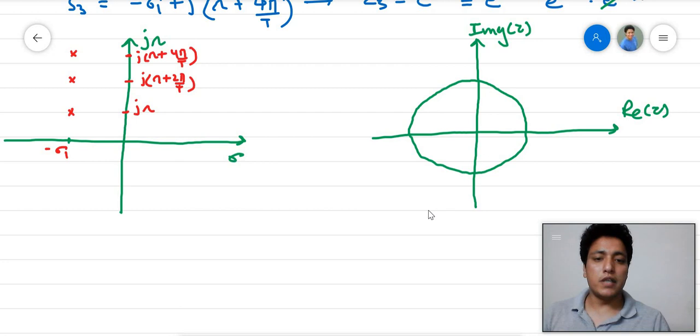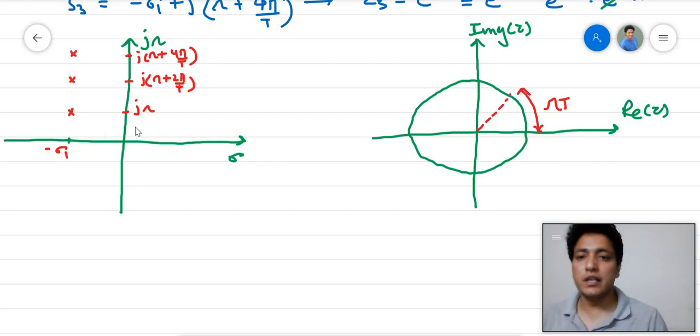But in the Z domain, let's say this is the omega t, and we have a line from the unit circle here. Obviously it is going in the left hand plane, so these poles will have to be mapped inside this unit circle.